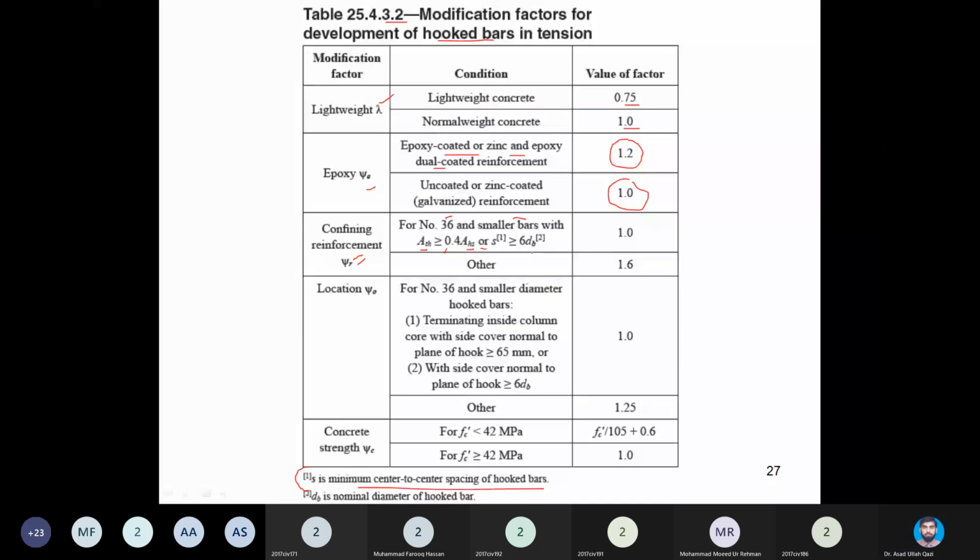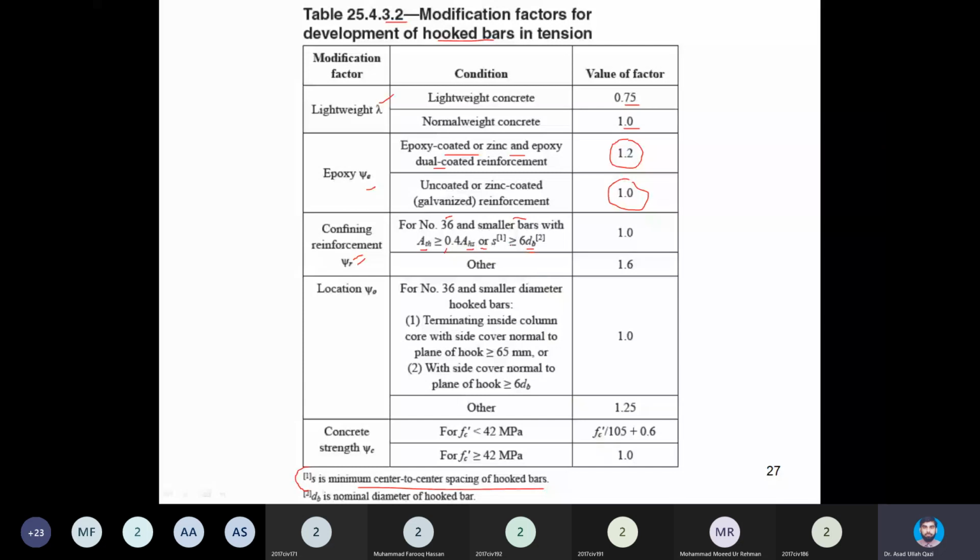If it is at least equal to 6 times their dia, you can imagine such a wide center to center spacing, because if it is a number 25 bar, then from one hooked bar to the other hooked bar, the center to center distance should be at least 150 millimeters, 6 inches, center to center gap.